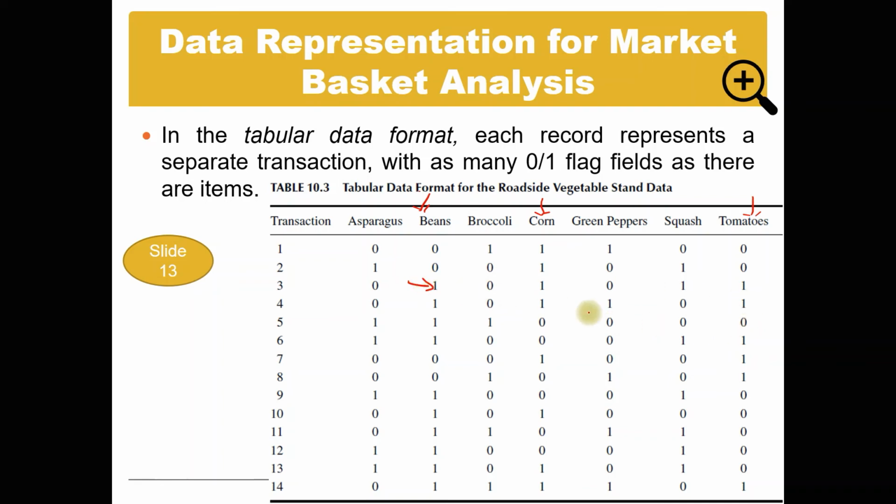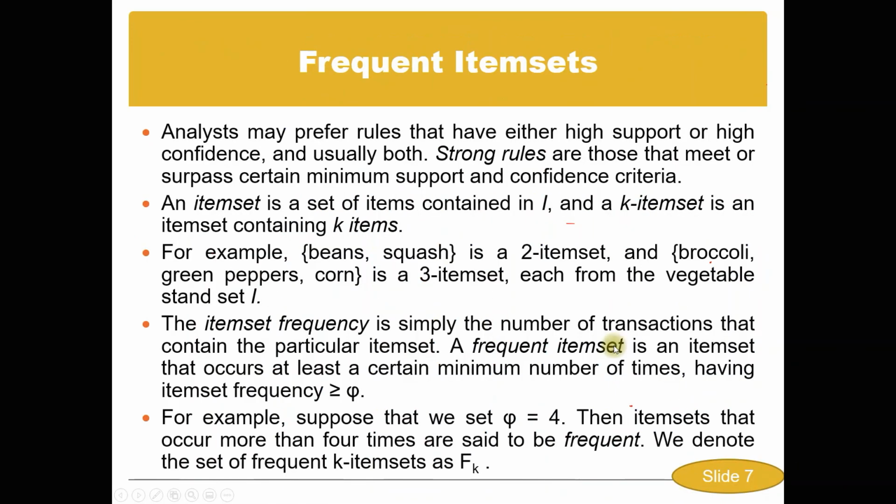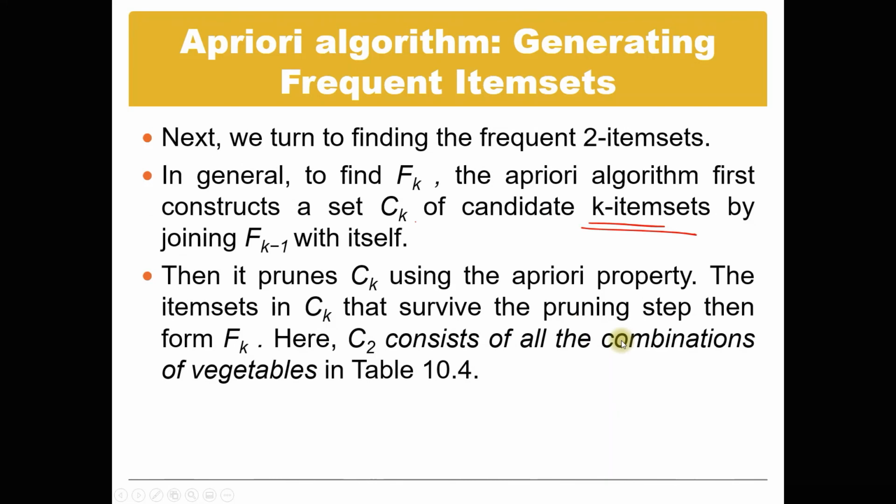Do they satisfy the threshold? Another time they occur together. These do not occur together, but this one occurs together. So we have 3 times that they occur together, but they do not satisfy the threshold of 4. They occur only 3 times together.